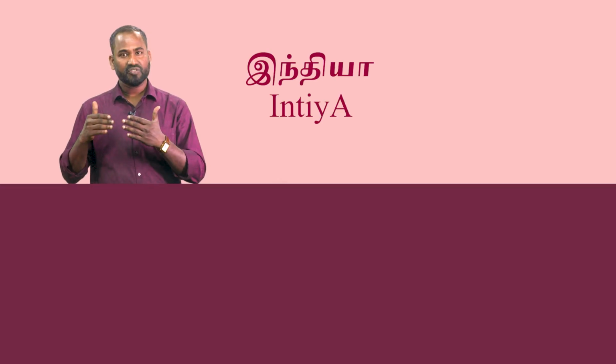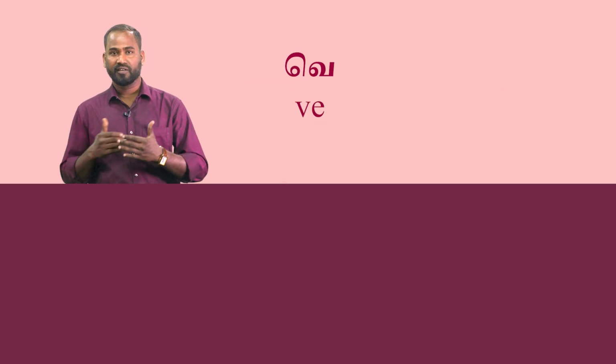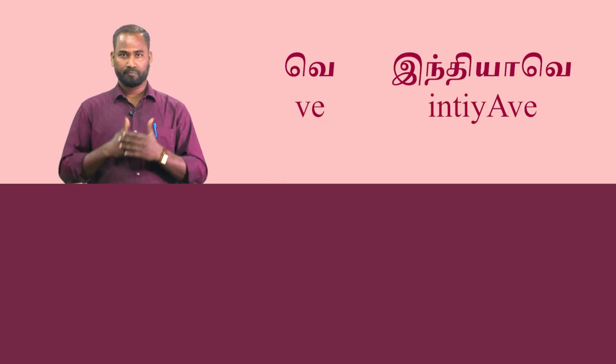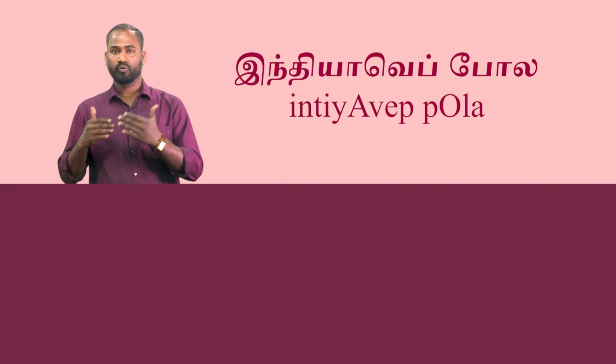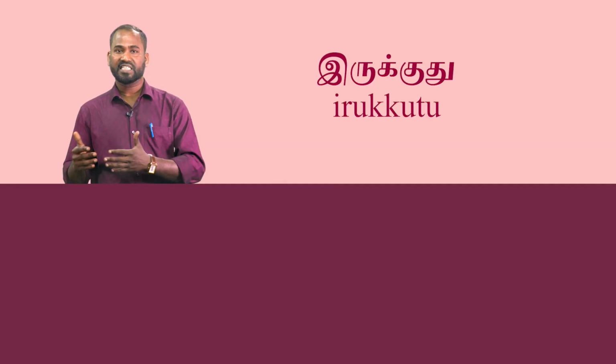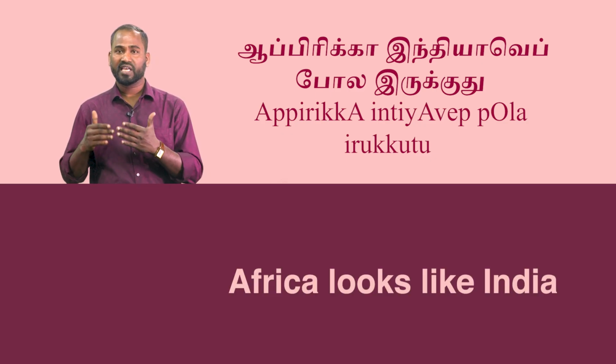Since India ends with a, the objective case marker ve is added, forming Indiave. Adding pola after that gives Indiave pola, which indicates the comparison. Finally, the verb irukkudu completes the sentence. So, the full sentence literally means Africa looks like India.